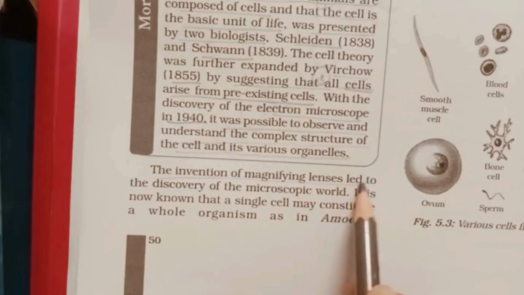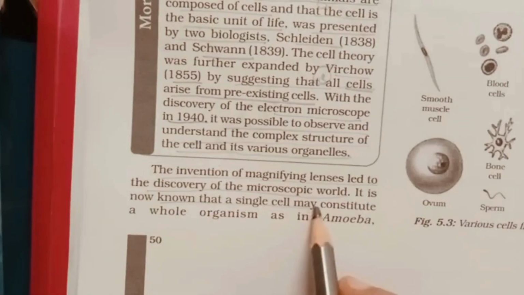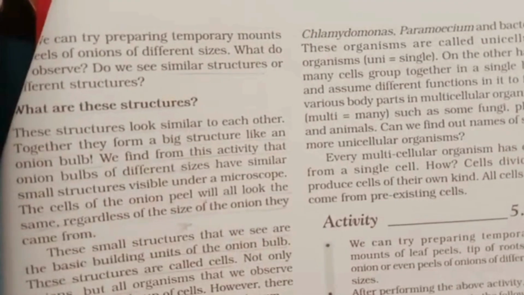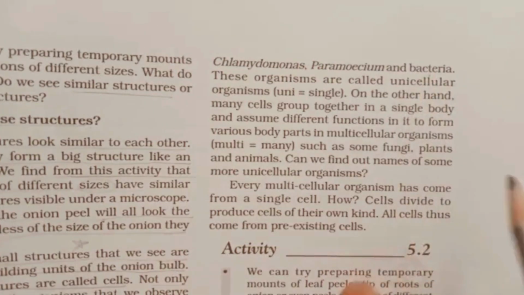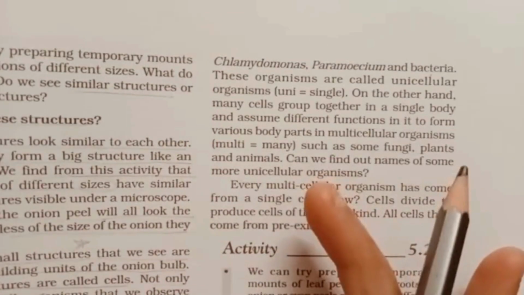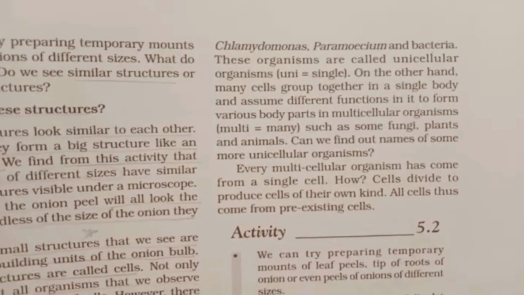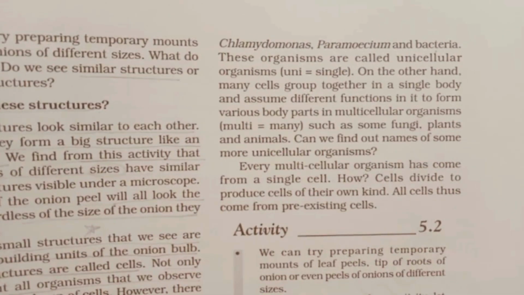The invention of the magnifying lenses led to the discovery of the microscopic world. It is now known that a single cell may constitute a whole organism, as in the case of amoeba, chlamydomonas, paramecium and bacteria. Amoeba is single celled, chlamydomonas is single celled, paramecium or bacteria, they are single cell organisms. That means a single cell will perform all the activities for the cell. Which activities are these? It will do respiration, circulation, excretion, digestion.